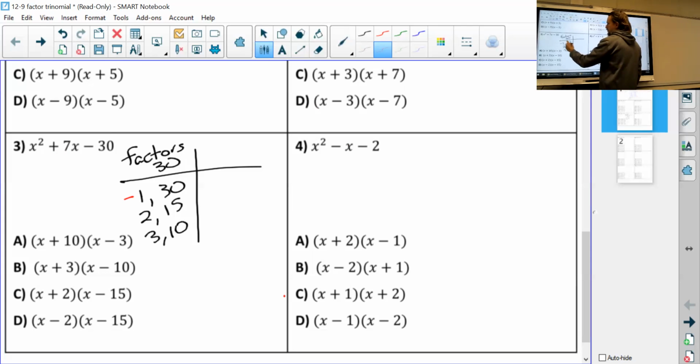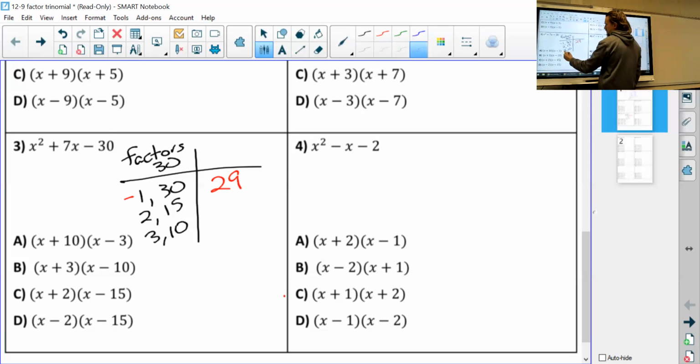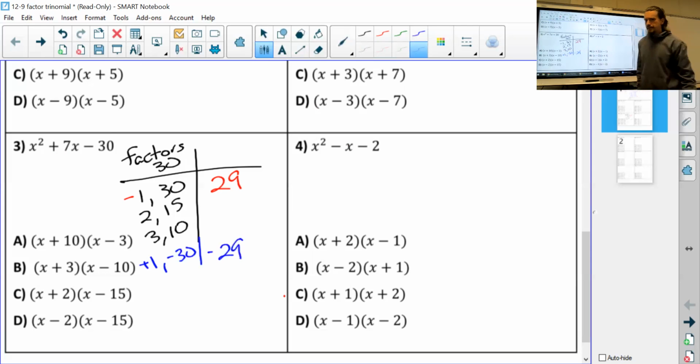Like if we say 30 minus 1 is 29. That's not right, but it's positive. If I switched this around and said my factors were positive 1 and negative 30, then this would be negative 29, and that doesn't make any sense at all.